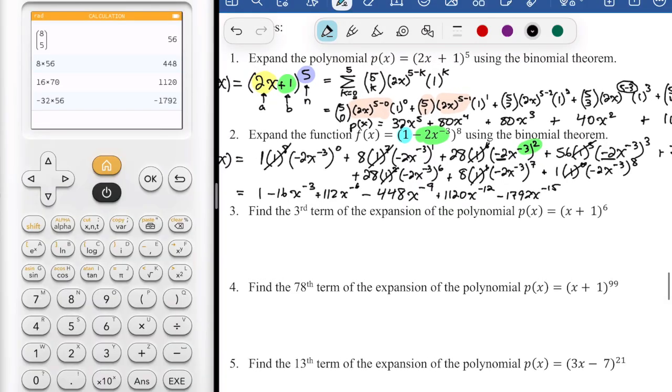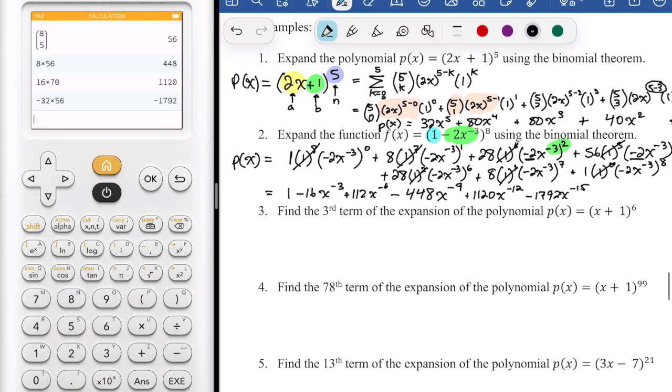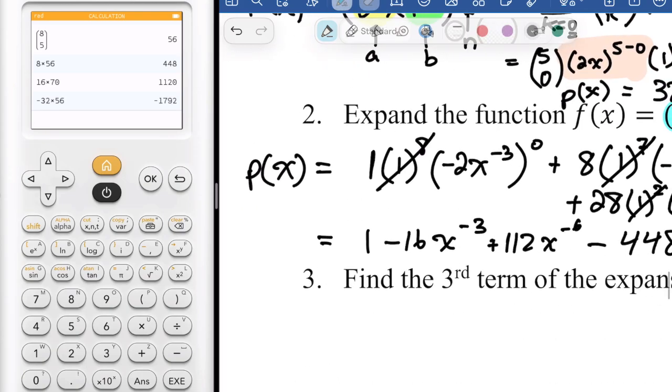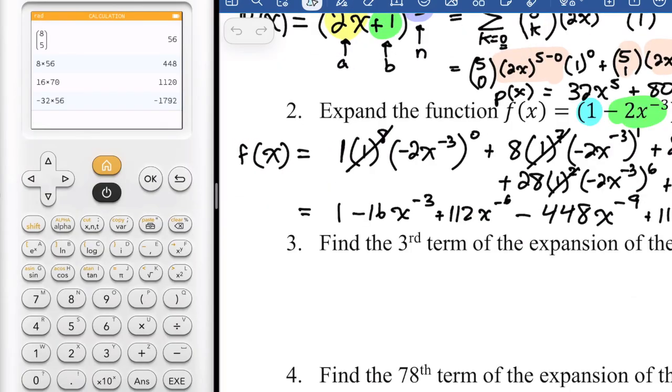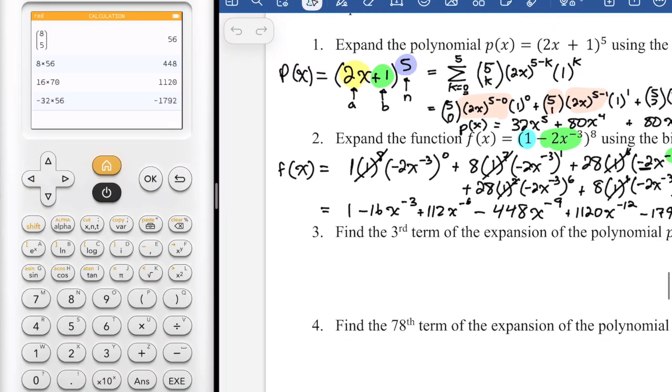Now this ends up not being a polynomial anymore because we have negative exponents, but it was defined as f of x. I was going to say p of x, but it actually wasn't. It was f of x to begin with. It's almost like I accounted for that when I designed the problem, and then immediately forgot that I accounted for that.